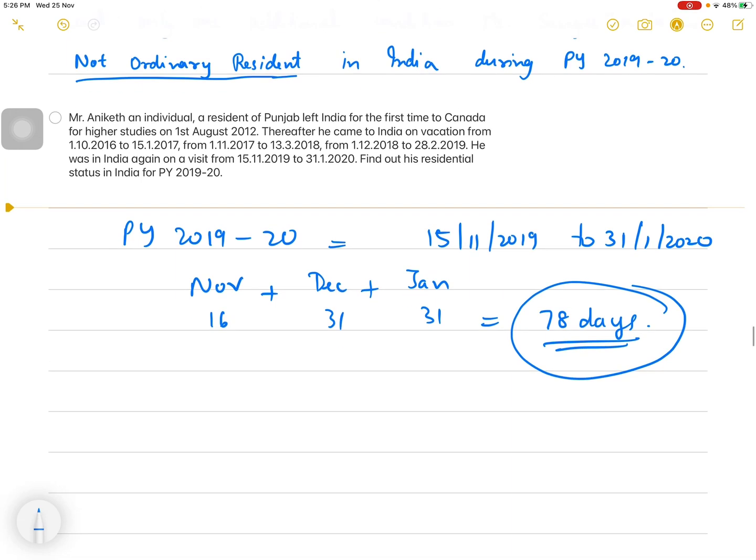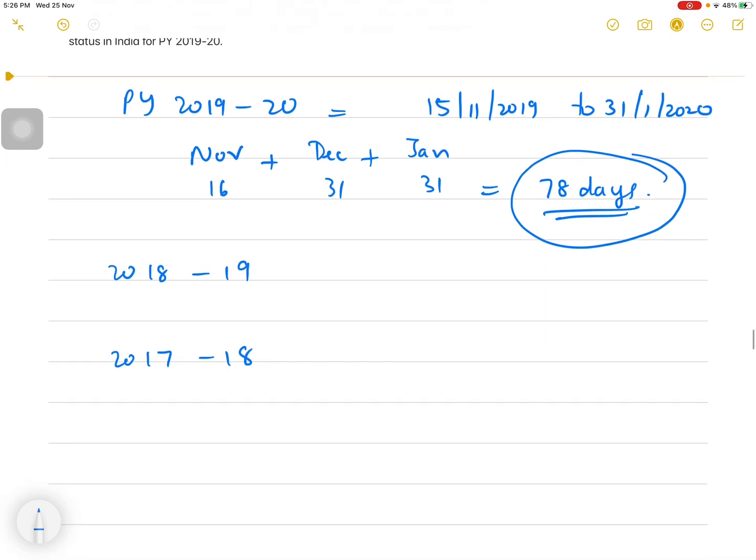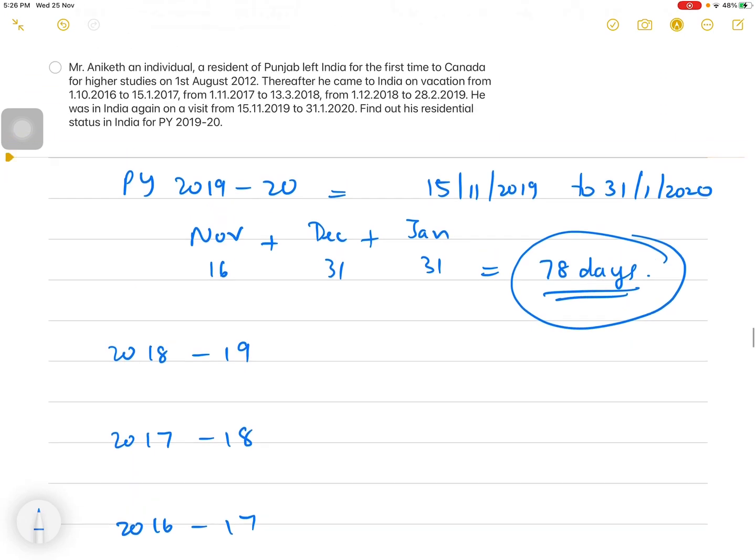So let's see 4 years preceding the previous year. 4 years preceding the previous year is 2018-19, 2017-18, 2016-17, and 2015-16.